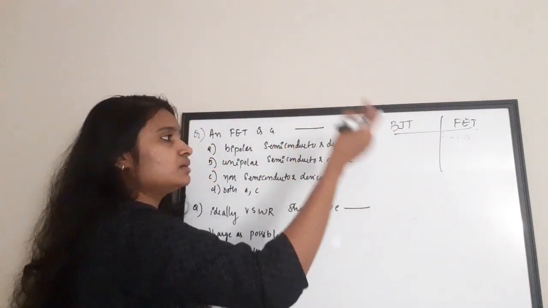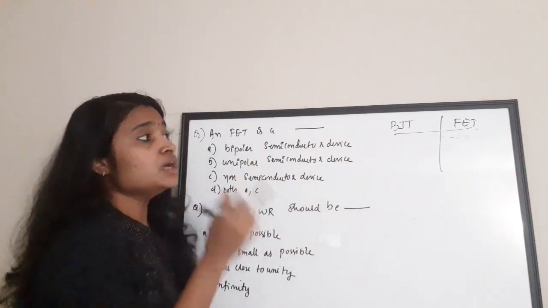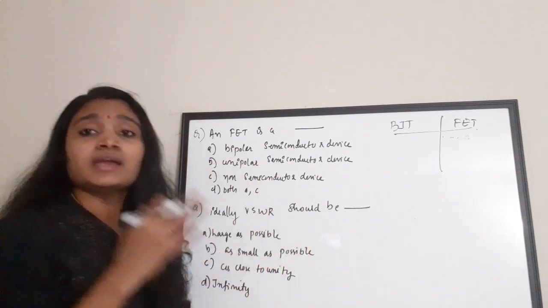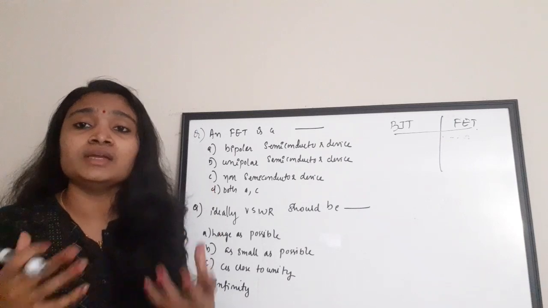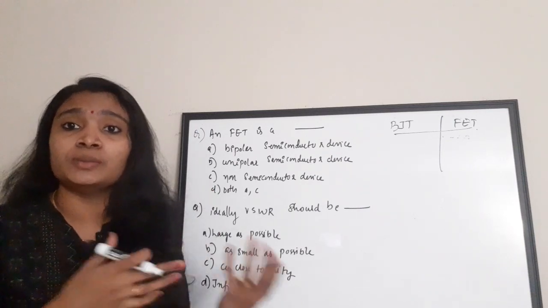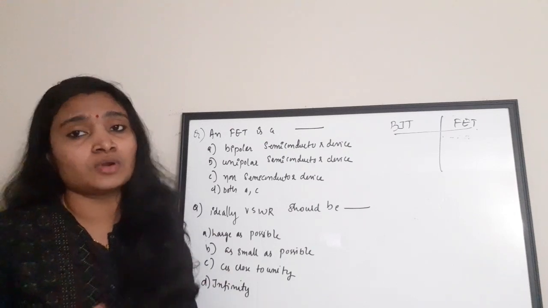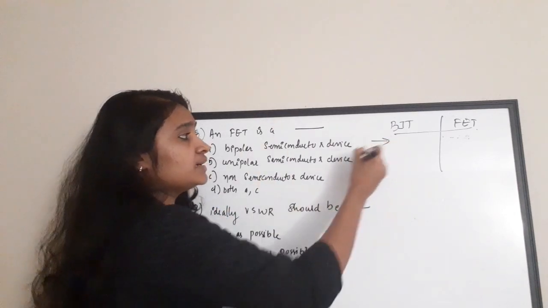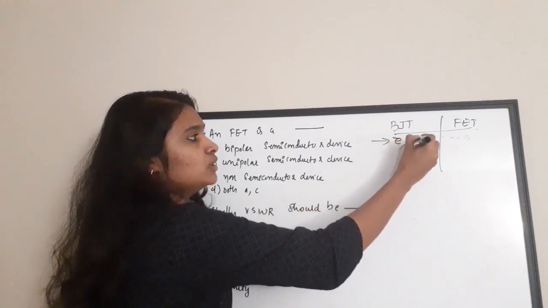BJTs are bipolar junction transistors. So if BJT is bipolar junction transistor, then FET is unipolar junction transistor. You have been hearing this term unipolar, bipolar. Now, what is actually this unipolar, bipolar? In BJTs, the current is contributed by electrons and holes.